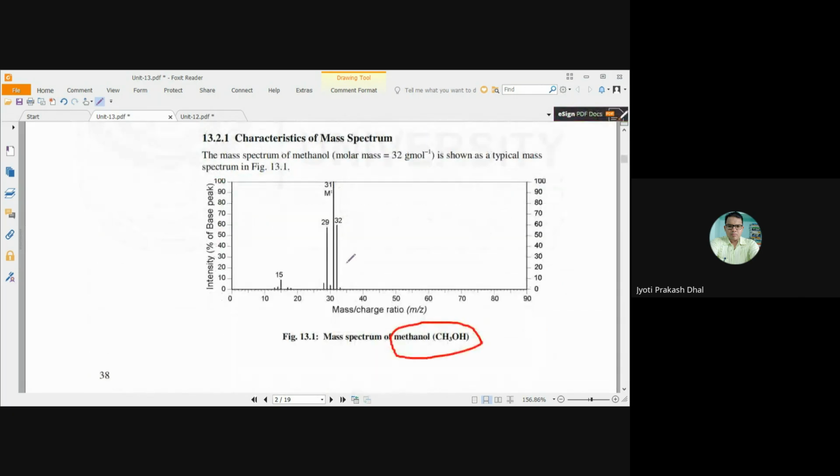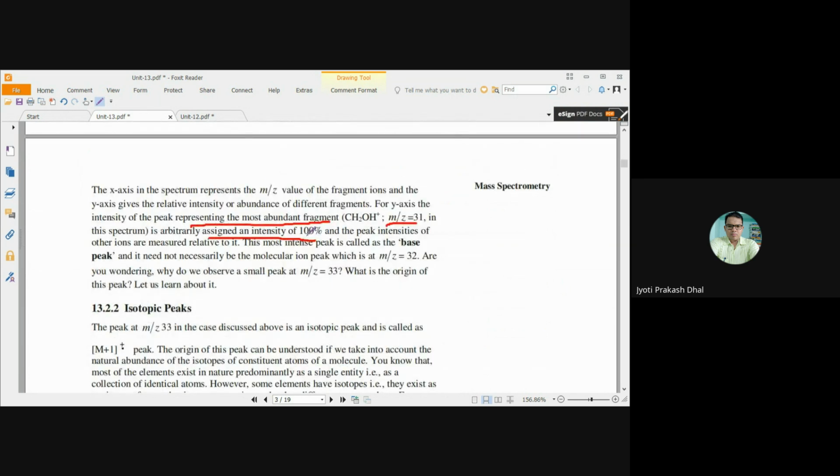So here this is the most abundant fragment, and its intensity is arbitrarily assigned as 100%, and the peak intensities of the other ions generated due to further fragmentation are relative to it. The most intense peak is called the base peak, and it is not necessarily the molecular ion peak, which is at m by z value 32.